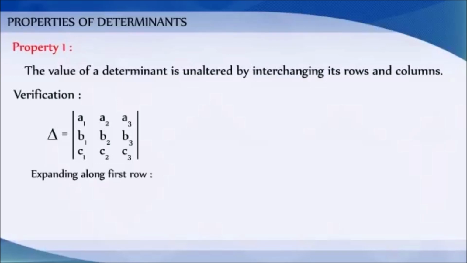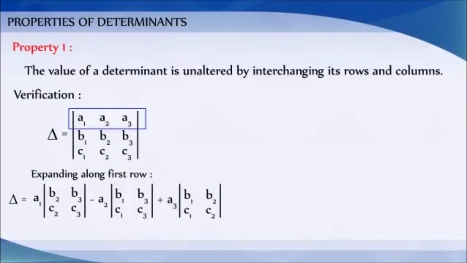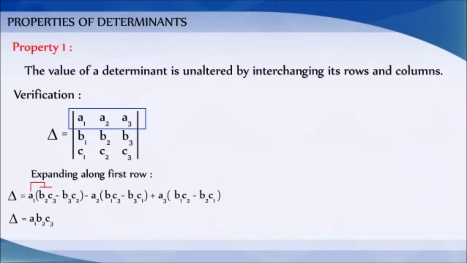Expanding this determinant along the first row, we get the value of the determinant as A1 B2 C3 minus A1 B3 C2 minus A2 B1 C3 plus A2 B3 C1 plus A3 B1 C2 minus A3 B2 C1.